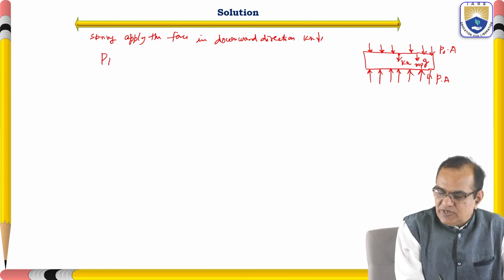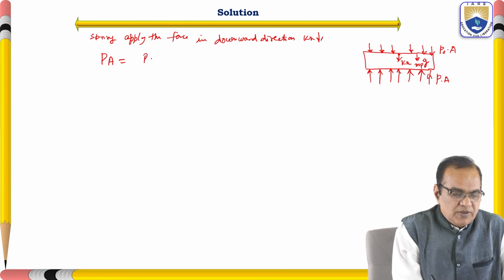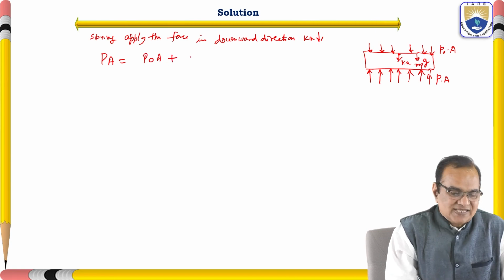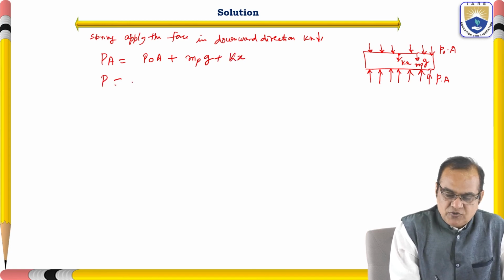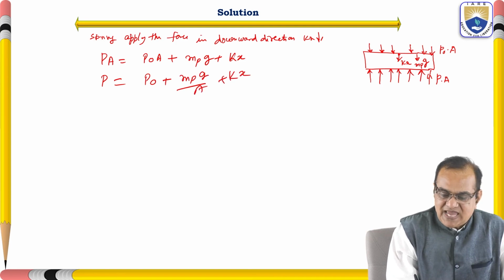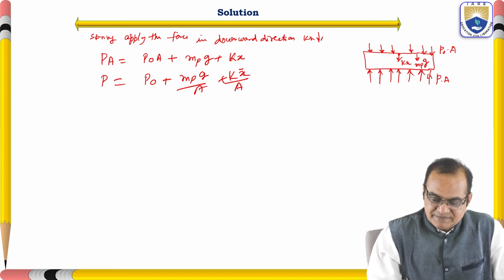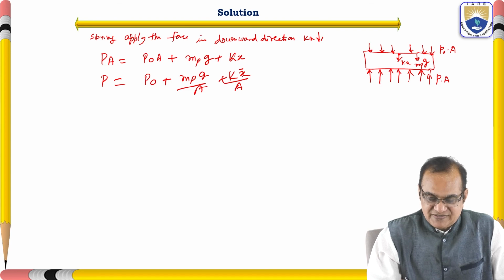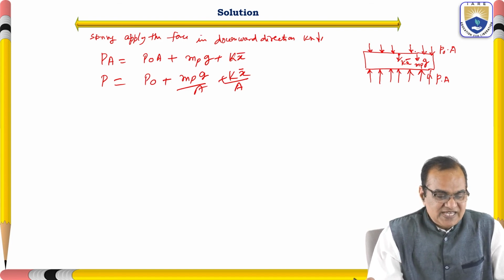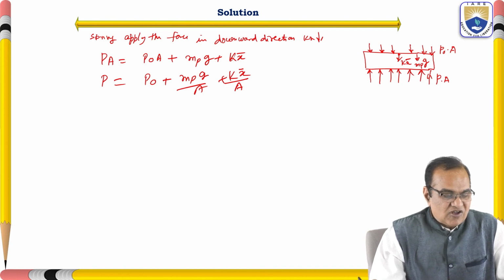So P into A is equal to P naught A plus MP into G plus Kx. So P is equal to P naught plus MPG by A plus Kx by A. Here this K is the spring constant. Okay, so that we have to take care of, that it is a spring constant.